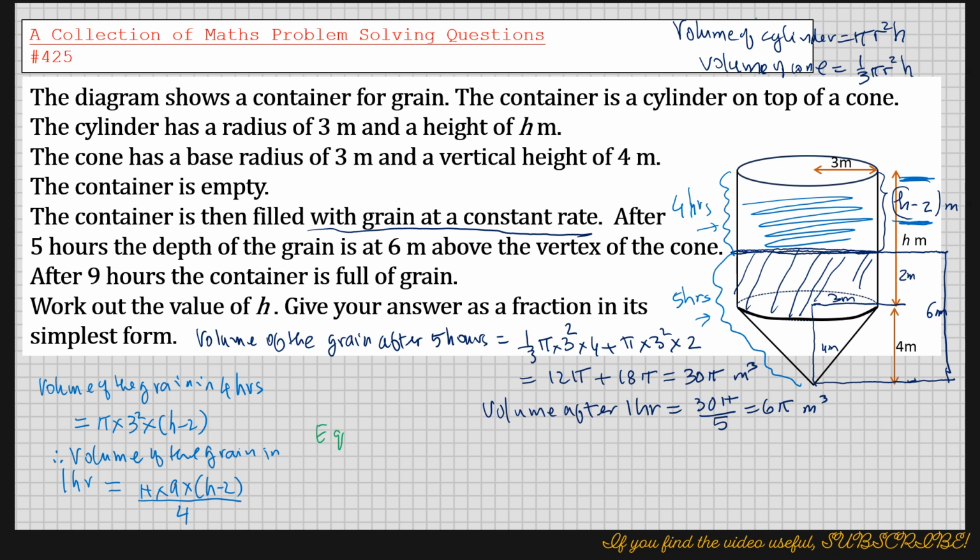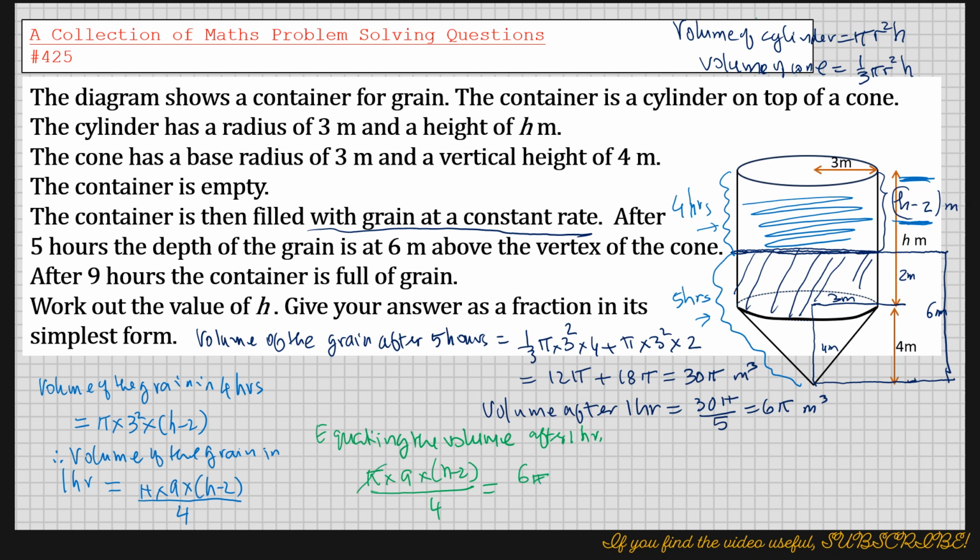Equating the volume after 1 hour, we get pi times 9 times h minus 2 over 4 equals 6 pi.